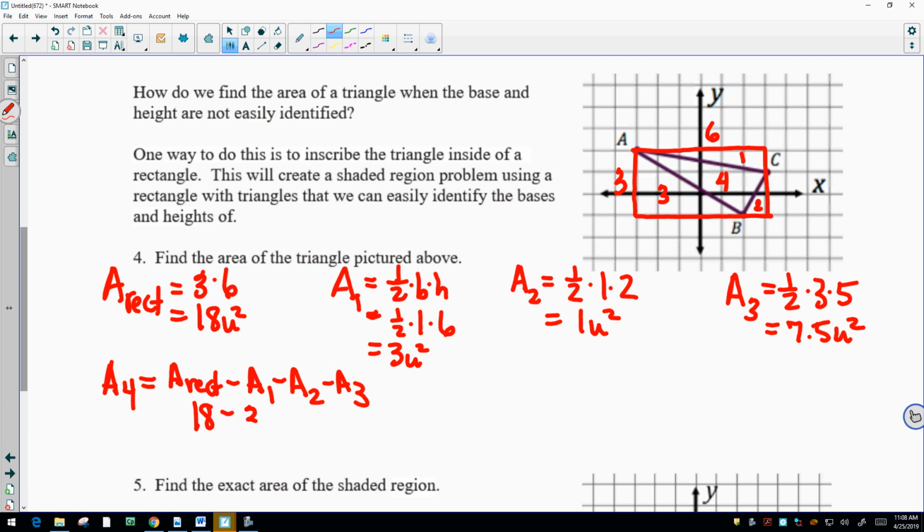I'm going to remove area of 1, area of 2, area of 3. And when we do that, we're going to get a total area then of 6.5 units squared. And that's what we have left for the inner triangle. So we found it by an indirect method, by using other things that are a little bit easier to find since the sides are measured with perpendicular lines.